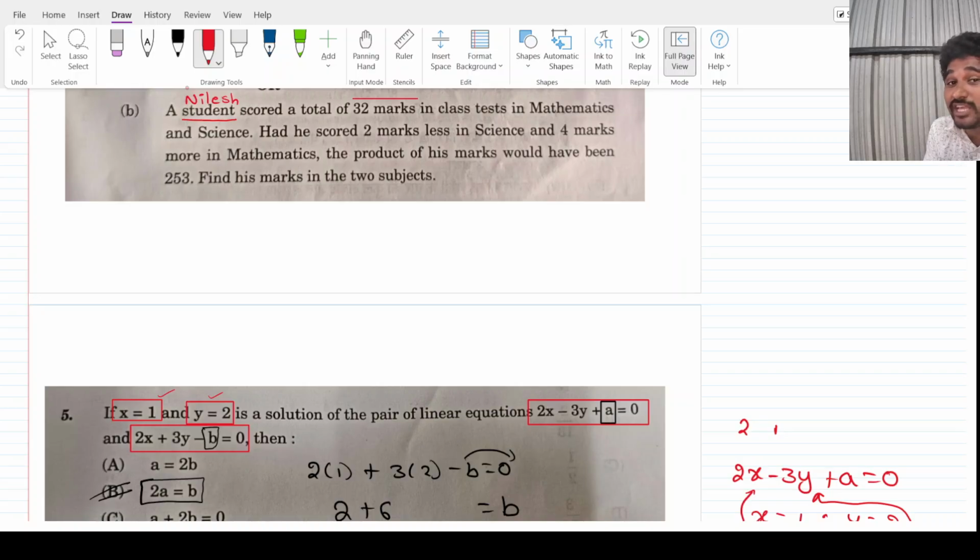So meaning, maths and science together, how many marks did he get? 32 marks. Clear? Okay. He scored 2 marks less in science and 4 marks more in mathematics. The product of his marks would have been 253.